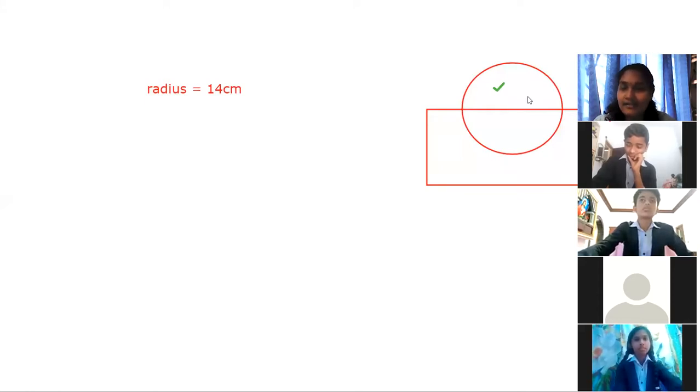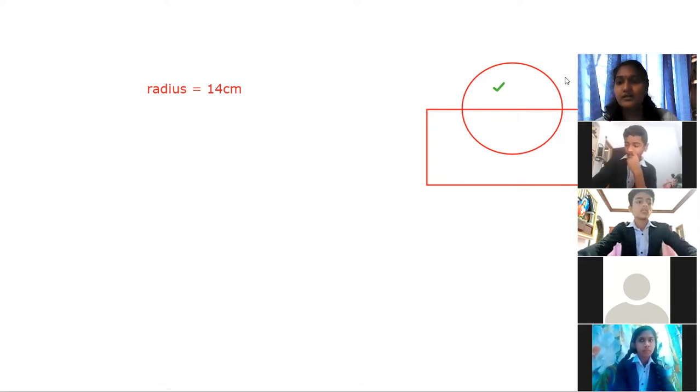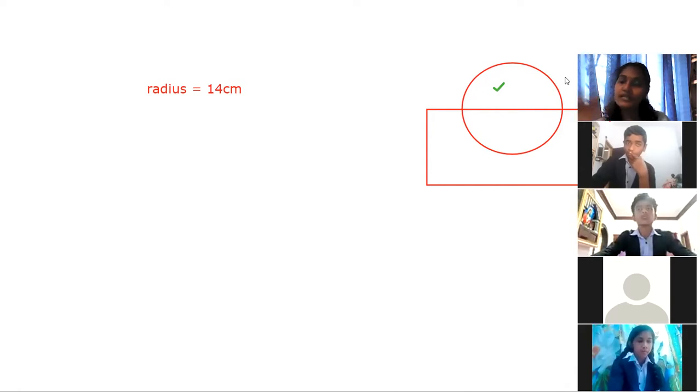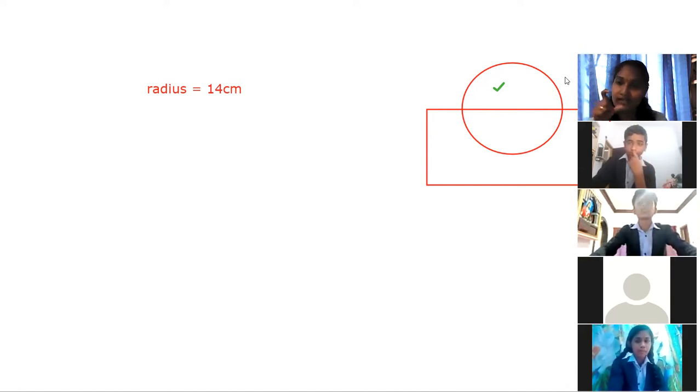Okay, that is a semicircle. We have to find the circumference of this semicircle. But we have the equation to find the circumference of a circle. Using that equation, we can find the circumference of this semicircle.